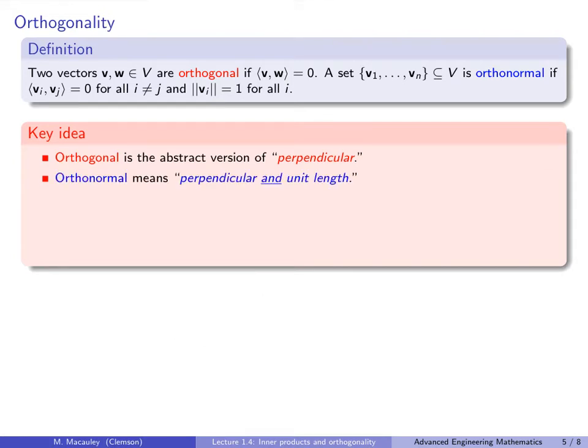Next, orthonormal means perpendicular and unit length. An equivalent definition of the one above, if you wrap your head around it, which says that they are pairwise perpendicular, or orthogonal, and each have unit length, is the following very concise definition. If you take the inner product of any vi with any vj, you get 0 if i and j are different, and you get 1 if i and j are the same.